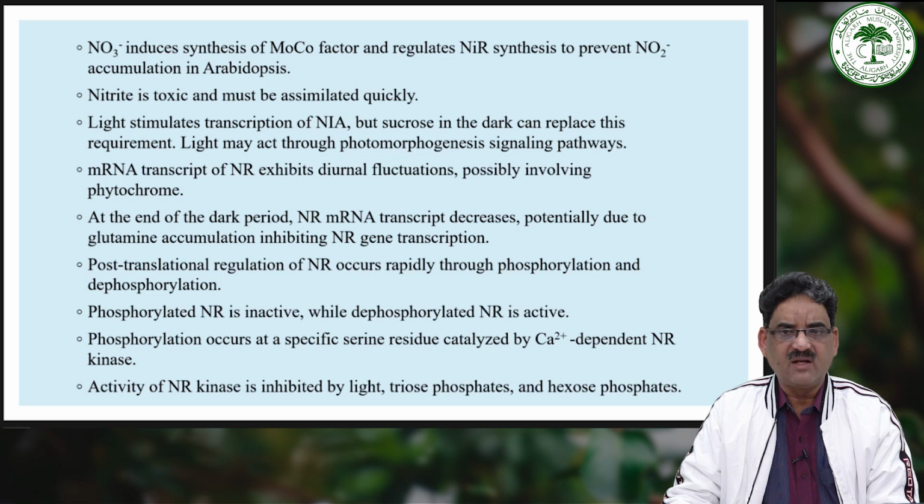Rapid assimilation of nitrite is crucial due to its toxicity to the cell. Light promotes the transcription of the NIA gene, which encodes nitrate reductase. In certain cases, sucrose can substitute for light to fulfill this requirement in the dark.